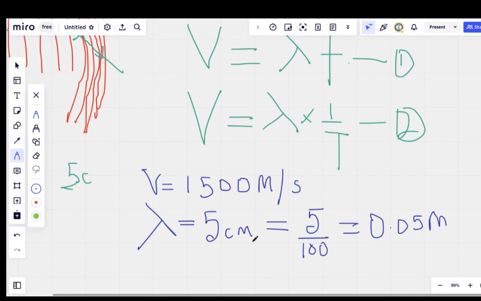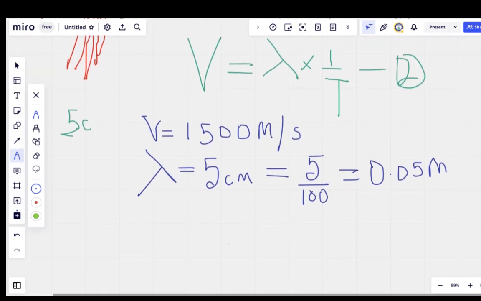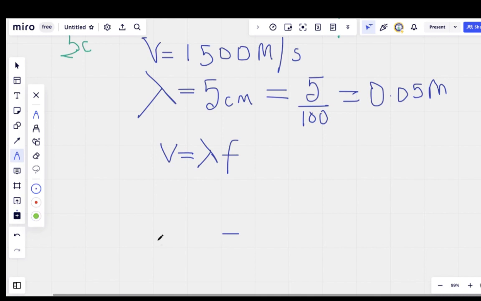Once you've done that, remember you're looking for frequency. You say speed is equal to lambda multiplied by frequency. Lambda is a Greek letter which represents the wavelength. So if you're looking for frequency, you make frequency the subject of formula: frequency equals speed divided by wavelength.